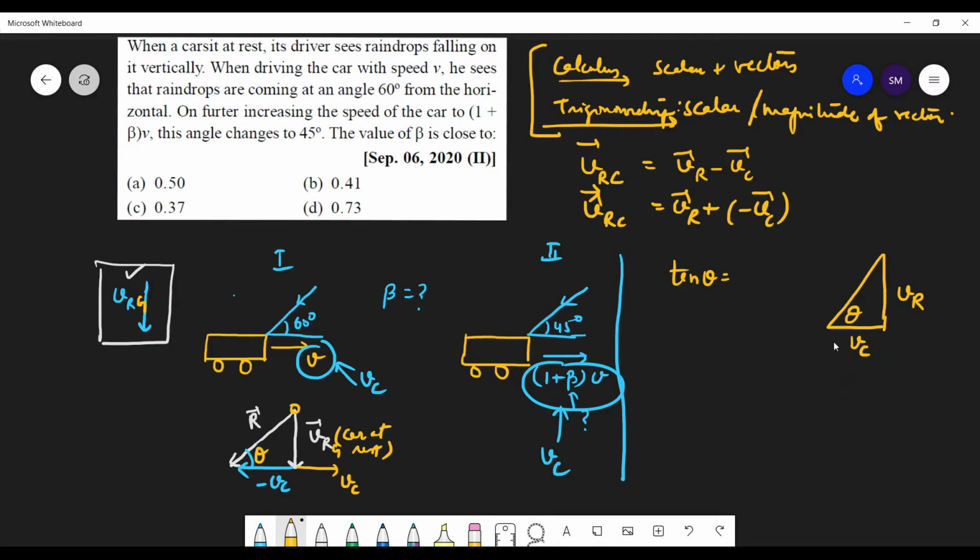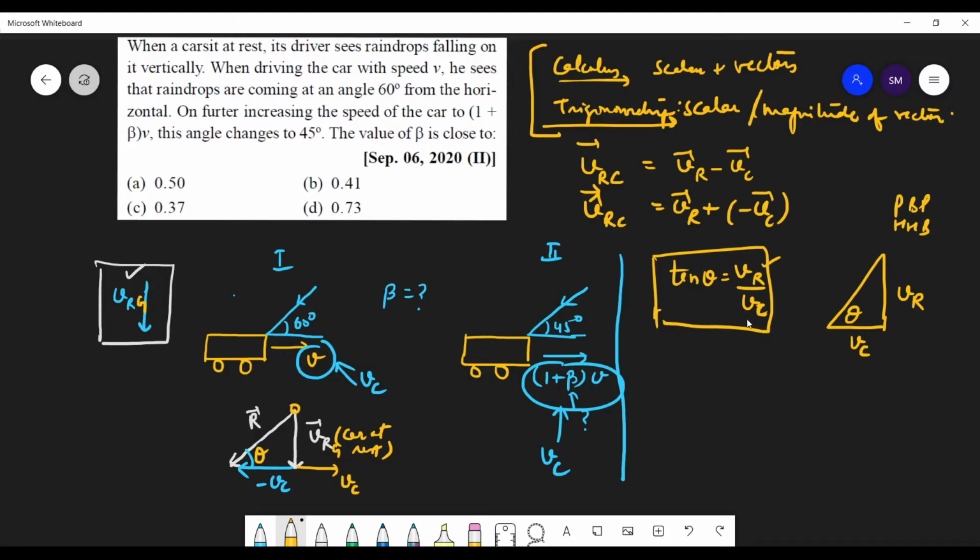That is your tan theta. Tan theta is perpendicular upon base. Here your perpendicular is vr and base is vc. The magnitude of velocity of rain is constant, while the velocity of car is changing and theta is changing, so there is an inverse relation.